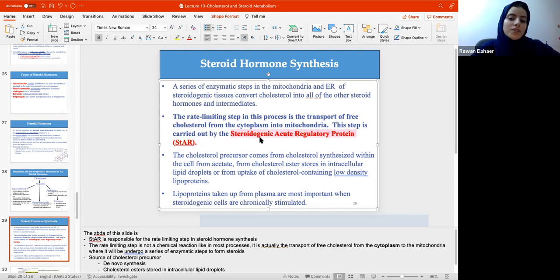It's the rate limiting step because cholesterol is formed in the cytoplasm, but in order to form the steroids, it needs to go to the mitochondria and endoplasmic reticulum. So its transfer from the cytoplasm to the mitochondria is the slowest step. Remember that it needs the steroidogenic acute regulatory protein.